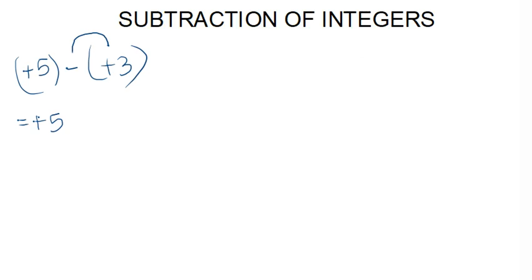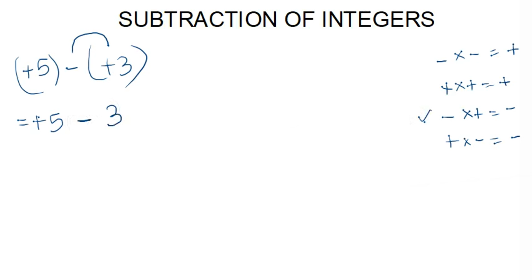First we'll write the small rules here: minus into minus equal to plus, plus into plus equal to plus, minus into plus equal to minus, plus into minus equal to minus. So here we are having minus into plus. Minus into plus means minus, right? So this becomes minus 3.